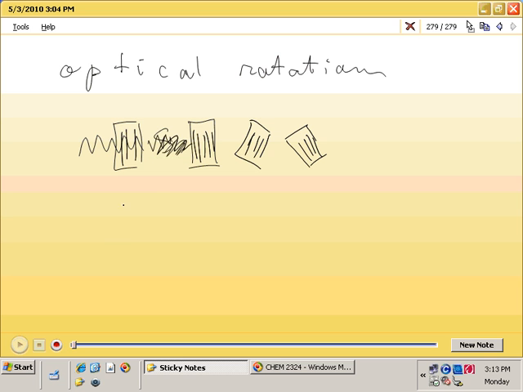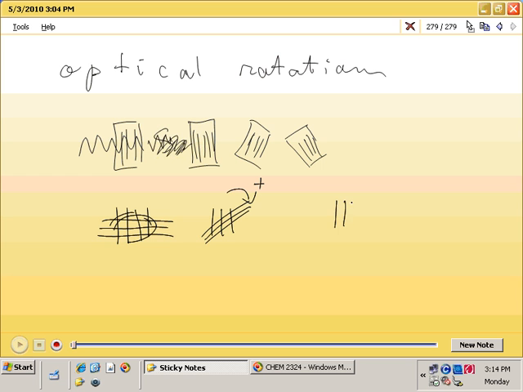Now if I put these two filters one on top of each other like this, let me have you visualize this, and then I put another filter 90 degrees to the other like this, then you shouldn't actually see any light going through there. But if there's a material that's sandwiched in between the two filters, then if you can see something at some angle, it doesn't have to be 90 degrees, whatever angle you get, then we call this a plus rotation.